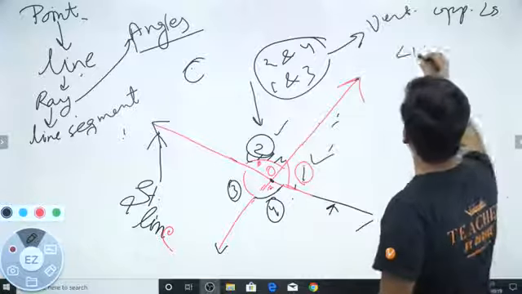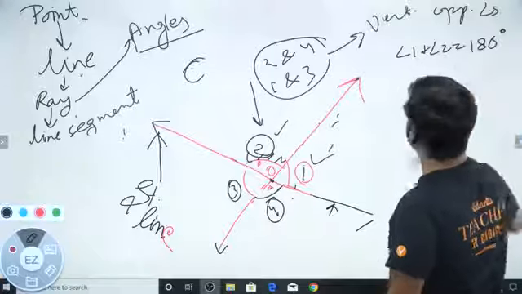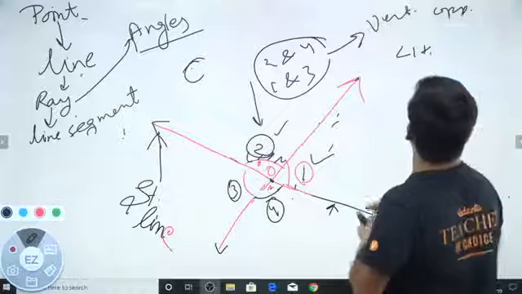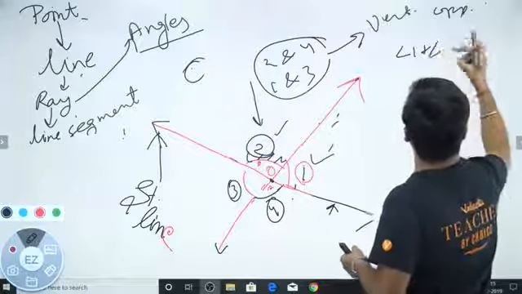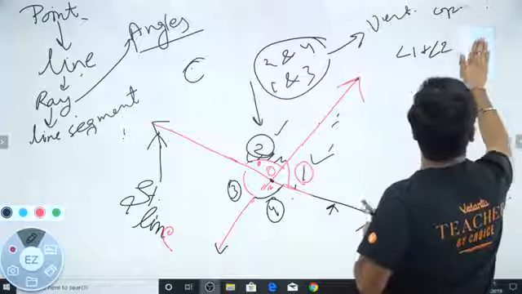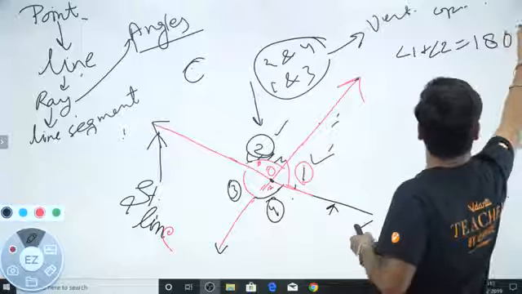So angle 1 plus angle 2 equals 180 degrees. Why? Linear pair, right? यार ये मेरा equals to का साइन हमेशा z की तरह लगता है. Angle 2 equals 180 degrees.